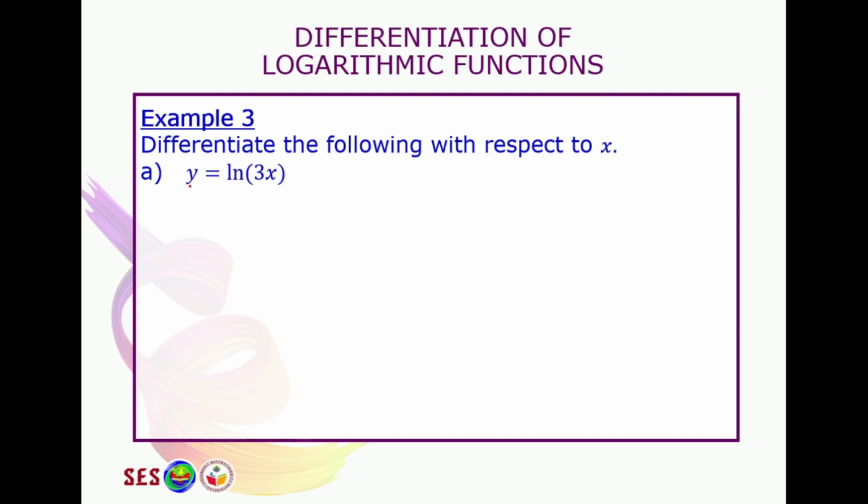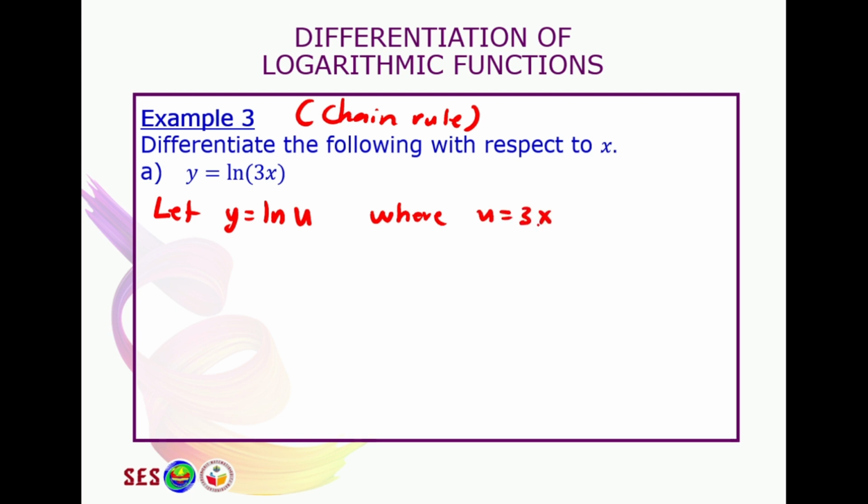For the question y equal to ln 3x, I will use the chain rule. Let y equal to ln u, where u is equal to 3x. Differentiate y with respect to u, I will get 1 over u.